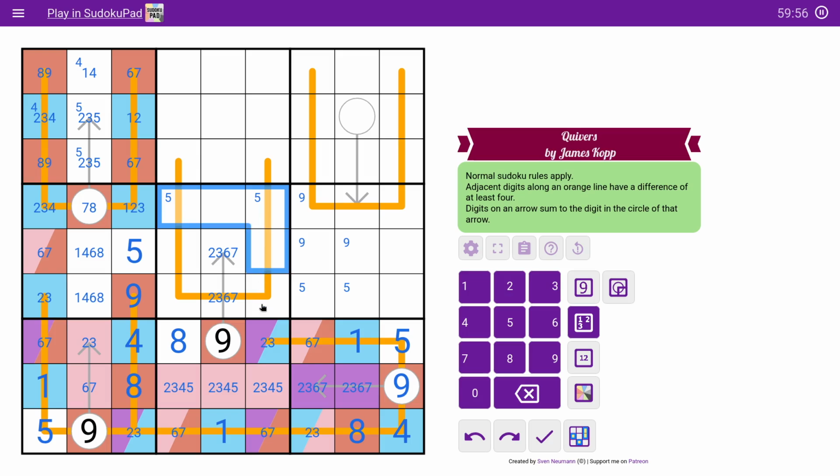So not here. Neither of these can be 4 because the 4 would be next to an 8-9 pair. Impossible. This can't be 4 because this touches this. So none of these are 4. One of these is 4. So to have 5 in the upper right, that forces 4 here.